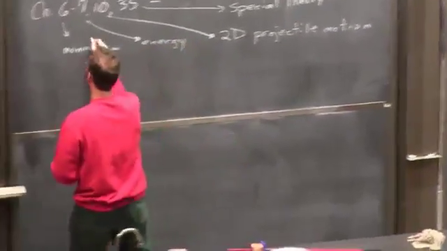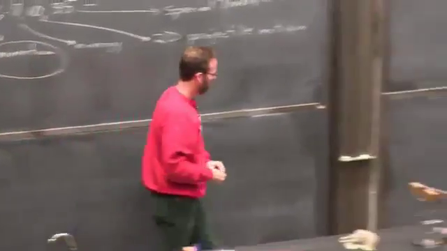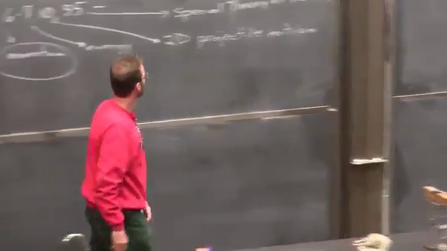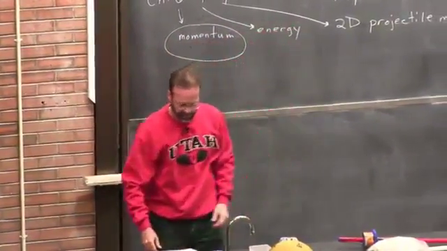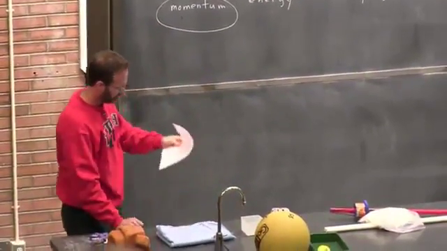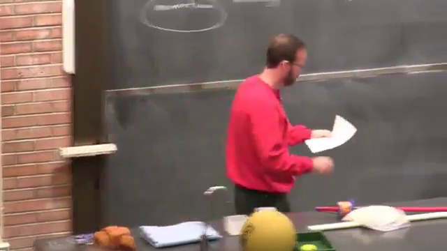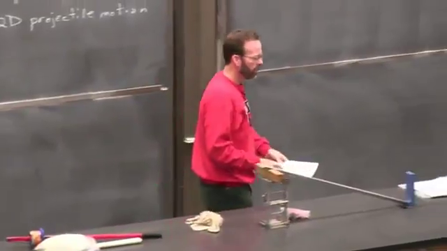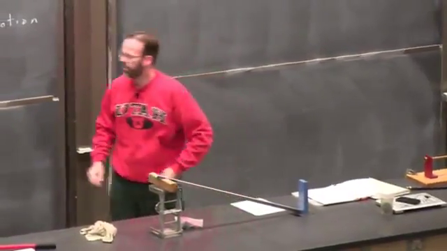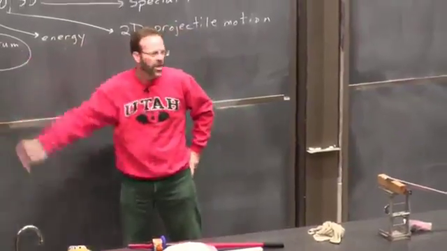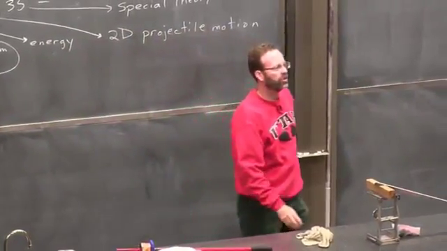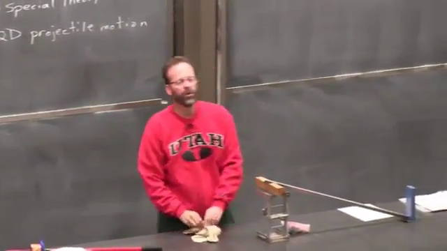So today we'll start with momentum. A couple days of that, a couple days of that, a couple days of that. You get the idea. There's an overarching concept with the first half of this unit, with momentum and energy: conservation. Both of those are conserved.